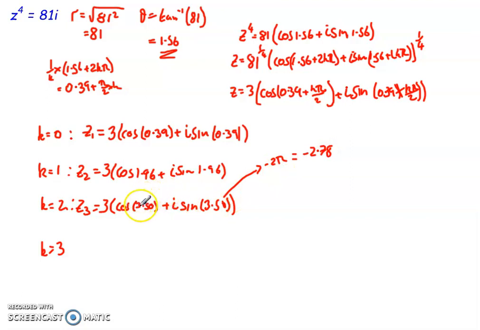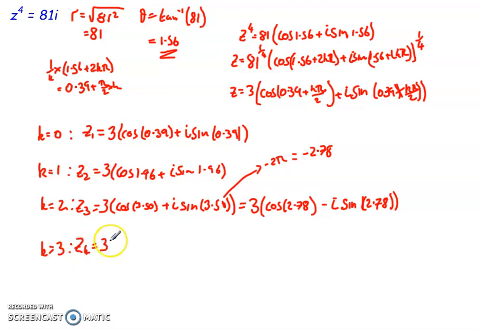If I then substitute that back into here and use the rules for getting rid of the negatives, so just make this cos of 2.78 and make this a take away, that then gives me 3 bracket cos of 2.78 take away I sine of 2.78. So that's solution 3.